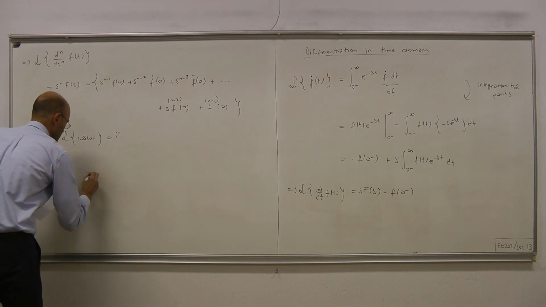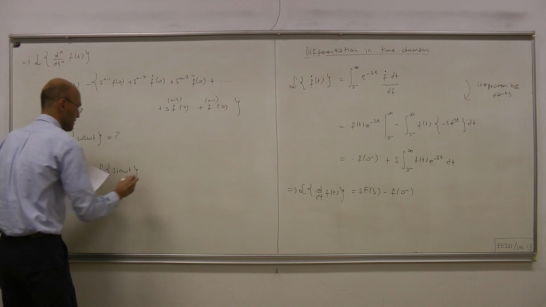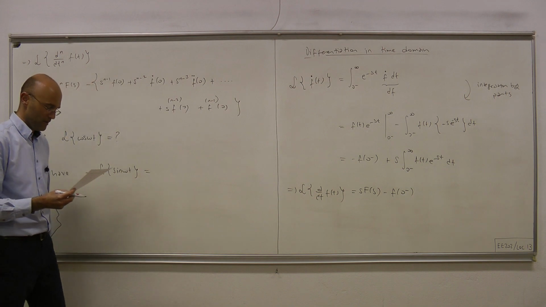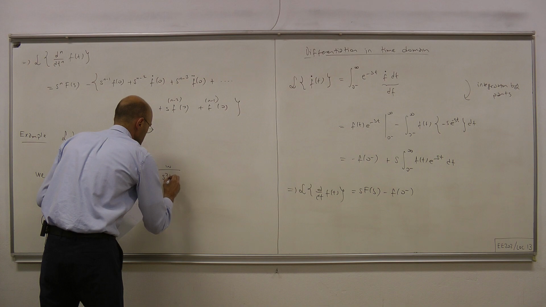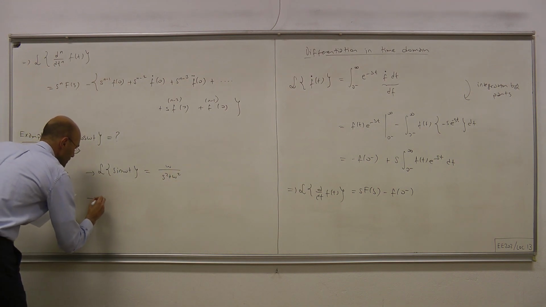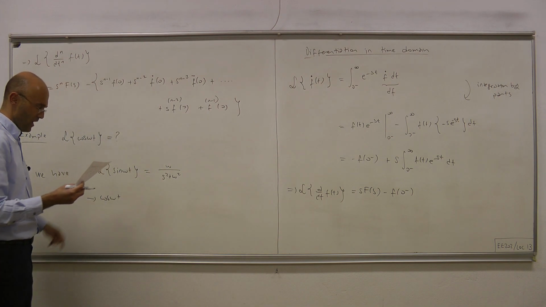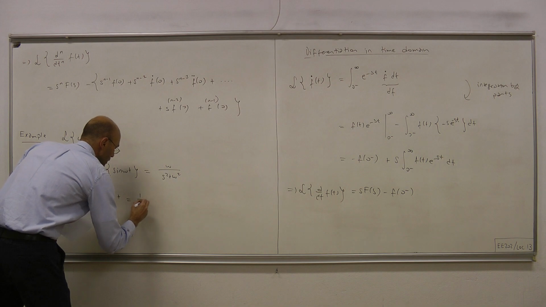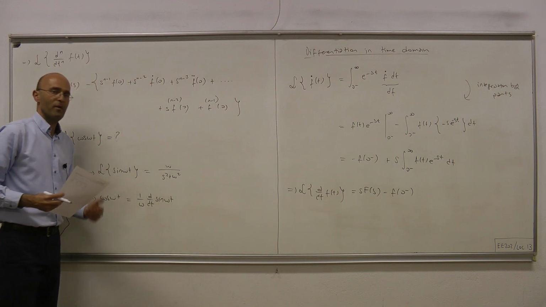Okay, so what we know is the following. Earlier we obtained the Laplace transform of sine omega t equals omega over s squared plus omega squared. What else? We know that cosine can be written as the derivative of sine: cosine omega t equals 1 over omega d over dt sine omega t.